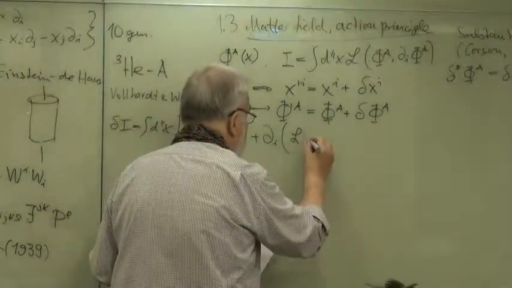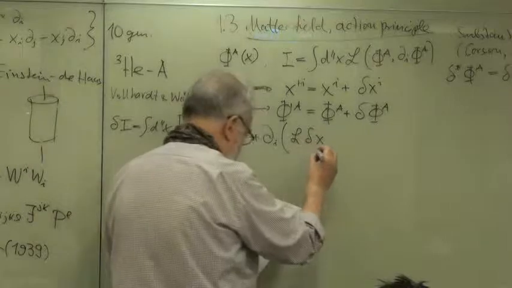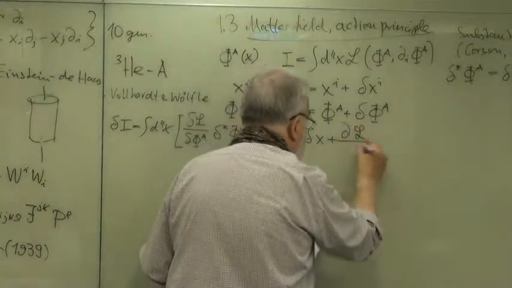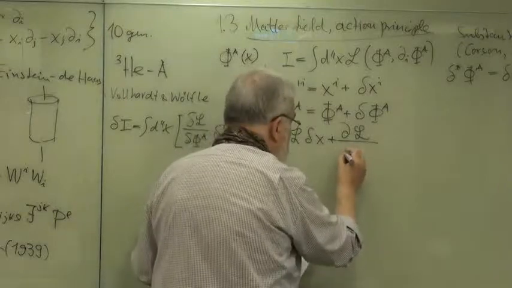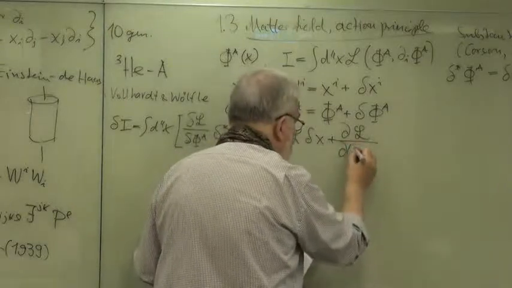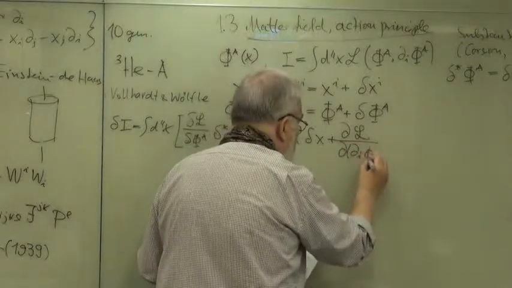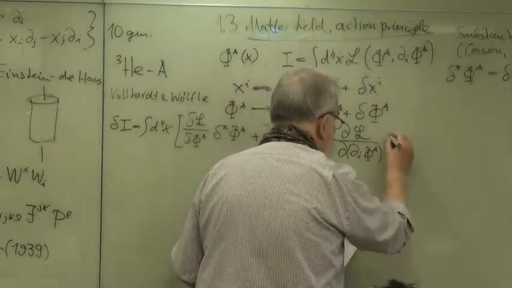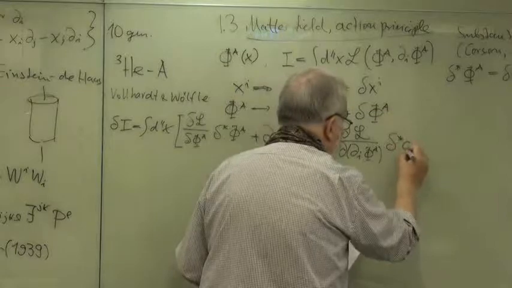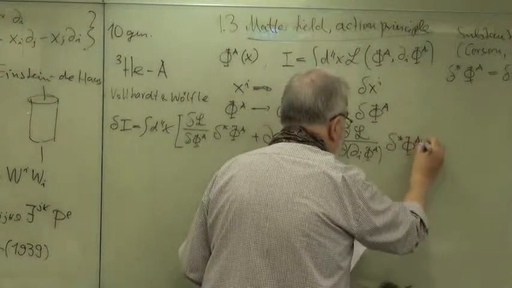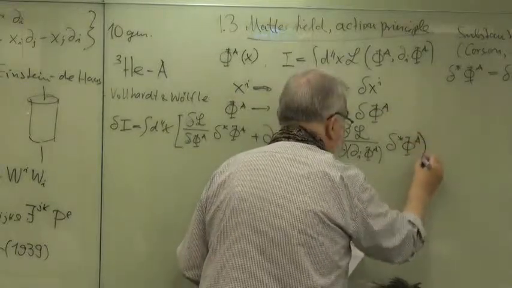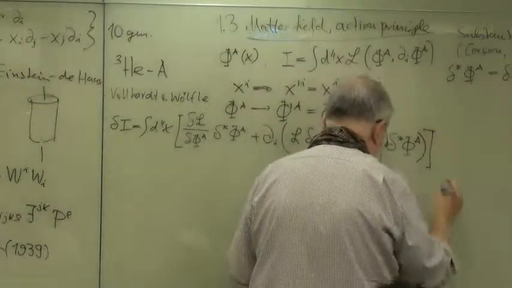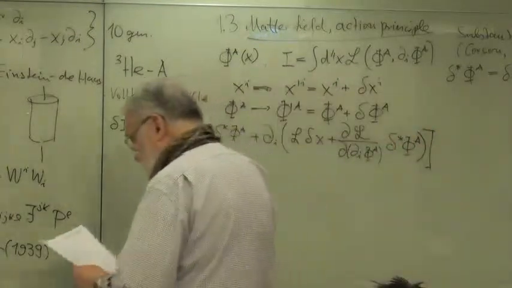So it's L times the variation of x plus partial derivative of L with respect to the velocities, that is partial, parenthesis, partial I, phi a times substantial variation of parenthesis closed, bracket closed. So this is what we get.